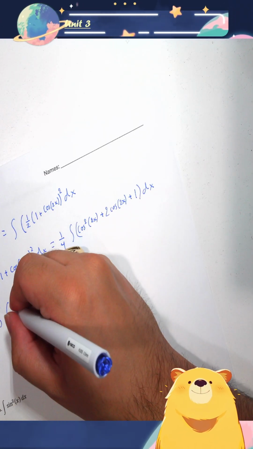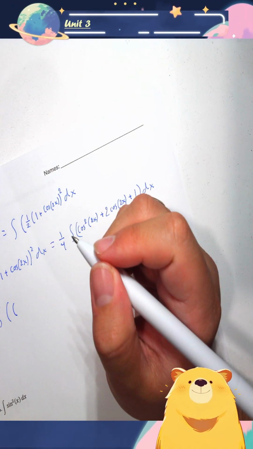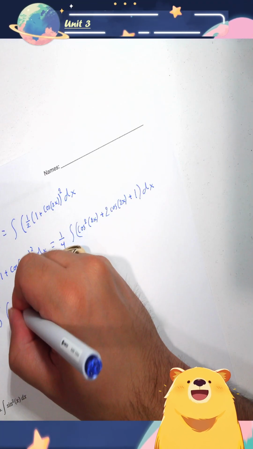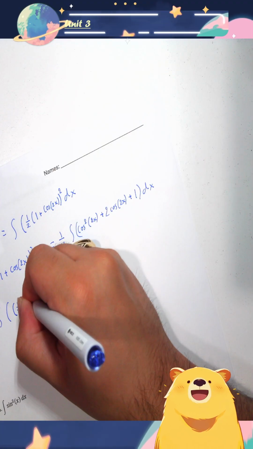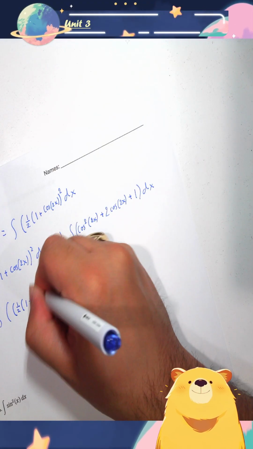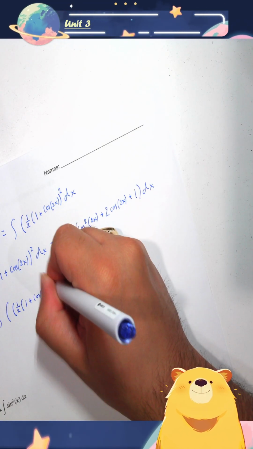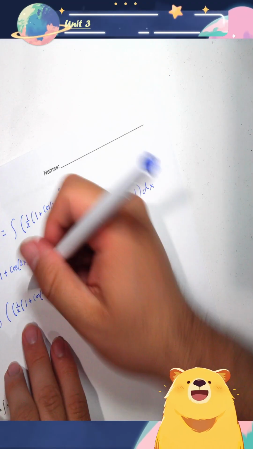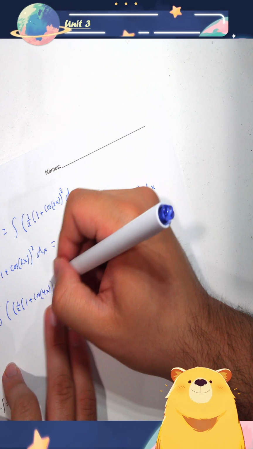You'll have parentheses 1/2, another parentheses 1 plus cosine of 2 times 2x, which is 4x. I'm just making sure I wrote this correctly.